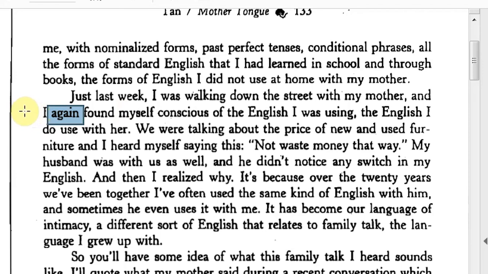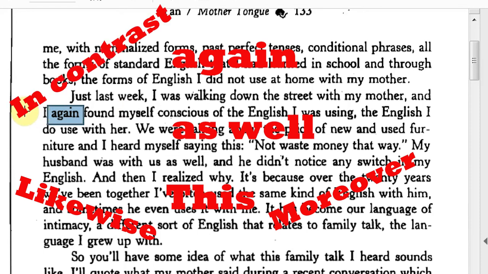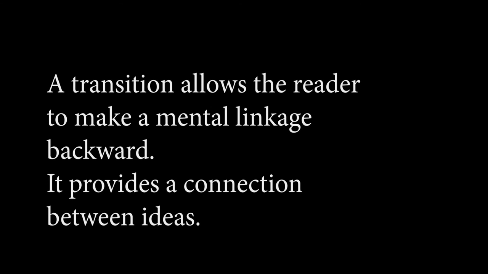Those little phrases like "again" or "as well" or starting a sentence with "this," or signal words such as "moreover," "likewise," "in contrast," "however." These words help the reader understand not only what's coming up in the next sentence, but also how it relates to the previous idea. They build more of a sense of connectedness, and you should try to use them somewhat regularly in your writing.